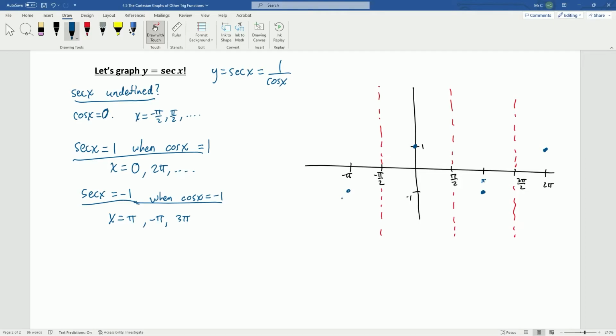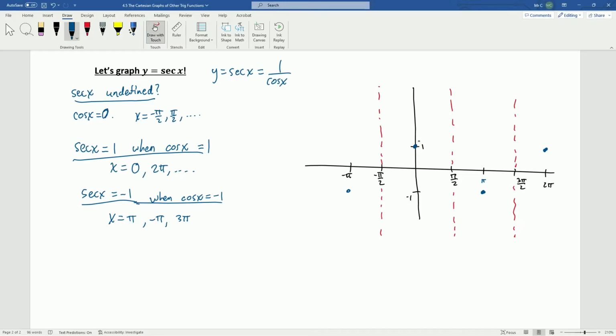Okay, now what? Well, I have some asymptotes, and it would be kind of easy to go through each one of these one at a time and evaluate these limits. What's the limit as x approaches pi over 2 from the left? What's the limit as x approaches negative pi over 2 from the right? And so forth and so on.